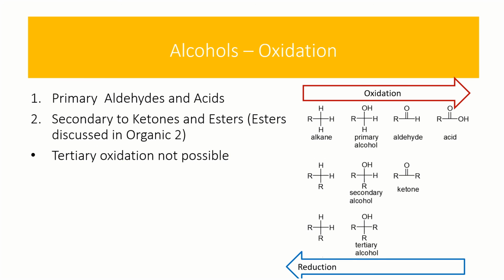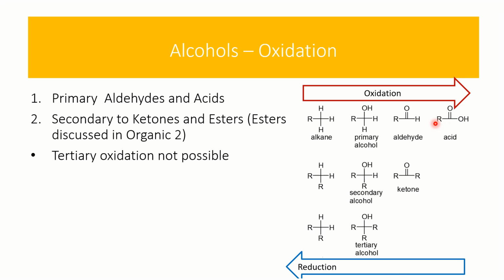With that, we can now talk about the oxidation of alcohols. Note that we can start off with a primary alcohol and remove dihydrogen. If we remove dihydrogen, we end up with an aldehyde. We can further insert an oxygen to form a carboxylic acid.